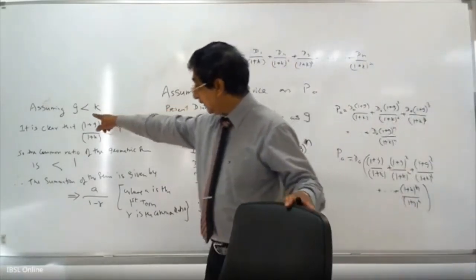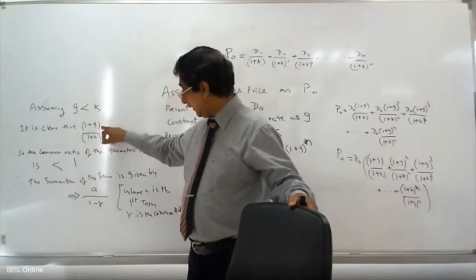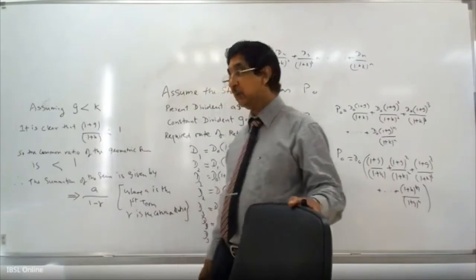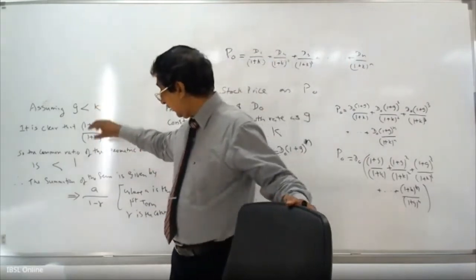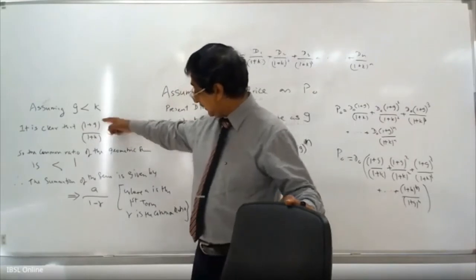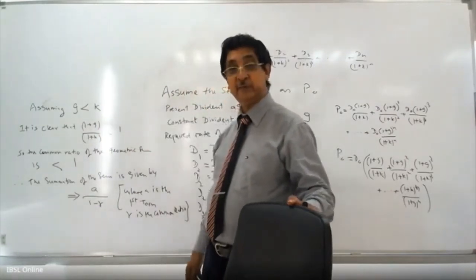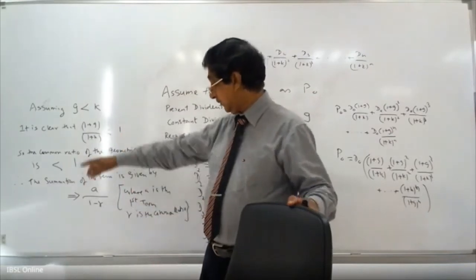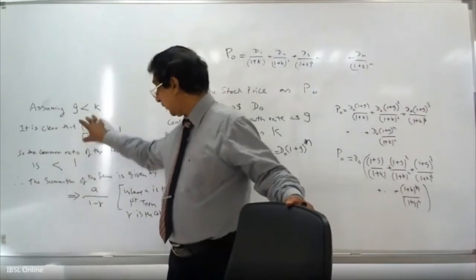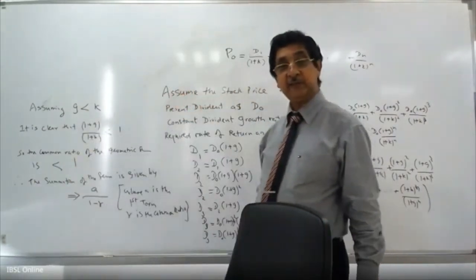Since this is assumed, we can see that 1 plus G over 1 plus K is less than 1, because 1 plus G is less than 1 plus K. So therefore, this is a quotient. The common ratio of the geometric series is less than 1. So this is the common ratio. It is less than 1.